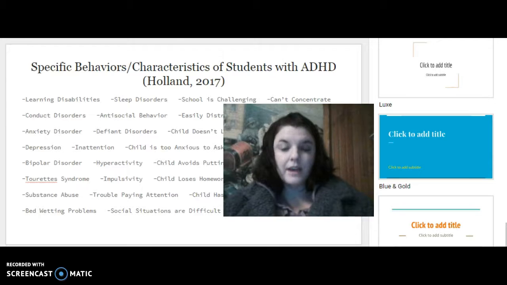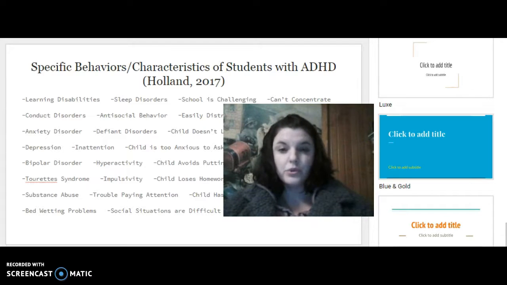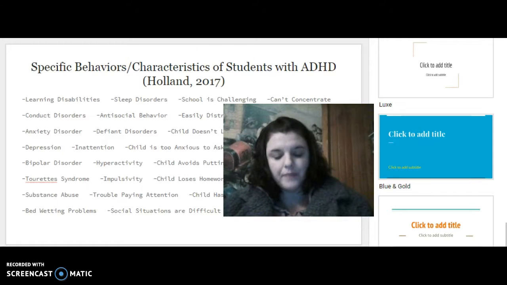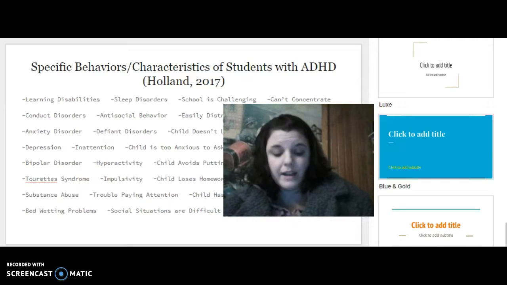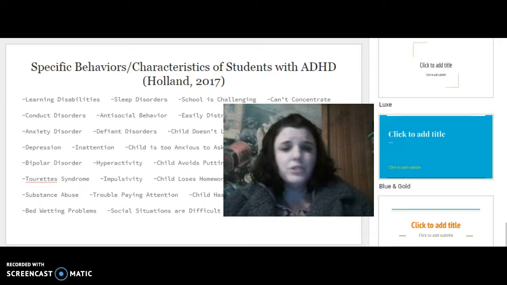Behind me on this slide, you'll see a great big list of specific behaviors and characteristics of students with ADHD. There's a lot of them. And every child is different. Some may have learning disabilities, conduct disorders, antisocial behavior. They may have a more fighting attitude, defiant disorder, anxiety disorders.